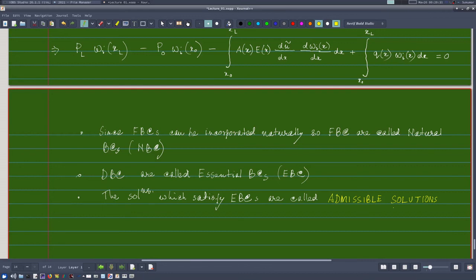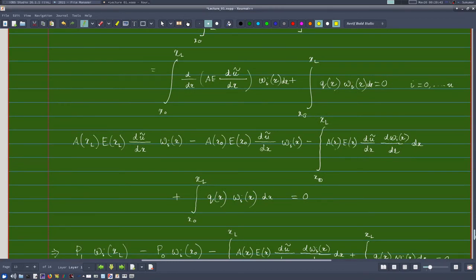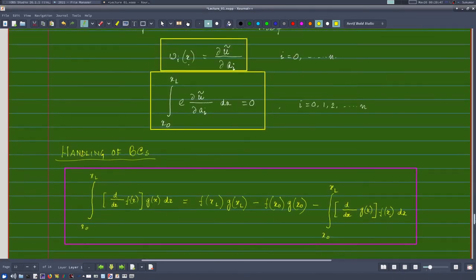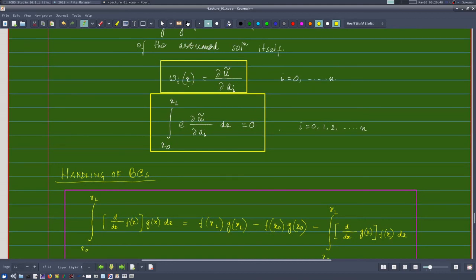Now, one more interesting point is that since the weighing functions are the partial derivatives of the assumed solution, we have already seen this. You see, in this Galerkin method, the weighing functions are the partial derivative of the assumed approximate or admissible solution itself. Okay?